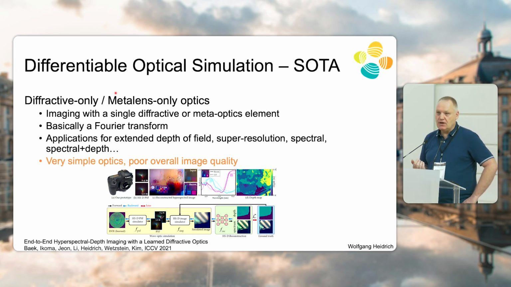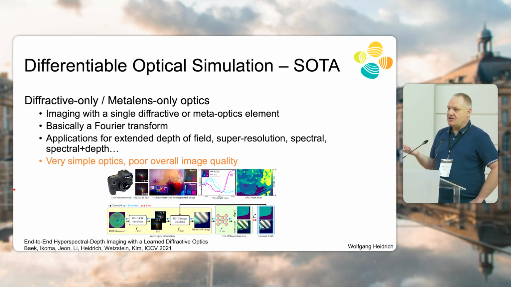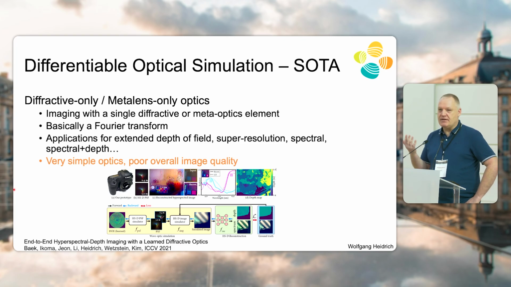So I've shown you already basically the diffractive-only or meta-lens-only kind of design space. It's very simple. It has the advantage that if you're a researcher in a university, you can prototype these kinds of devices. You can build these DOEs, for example.